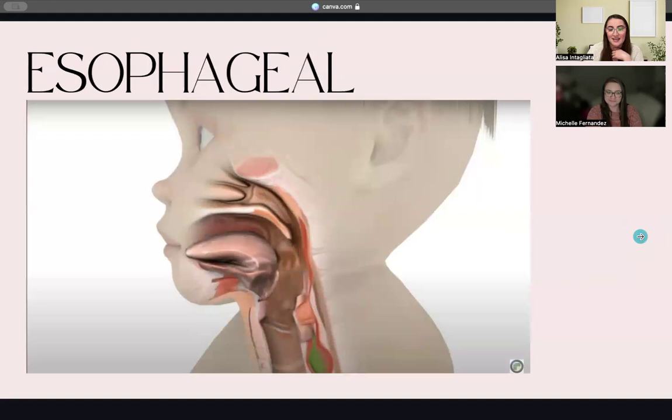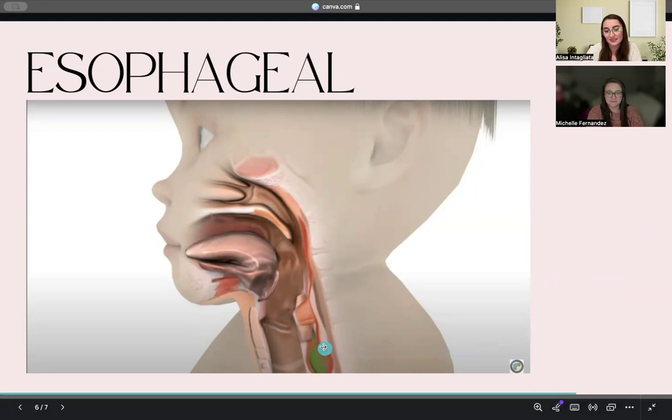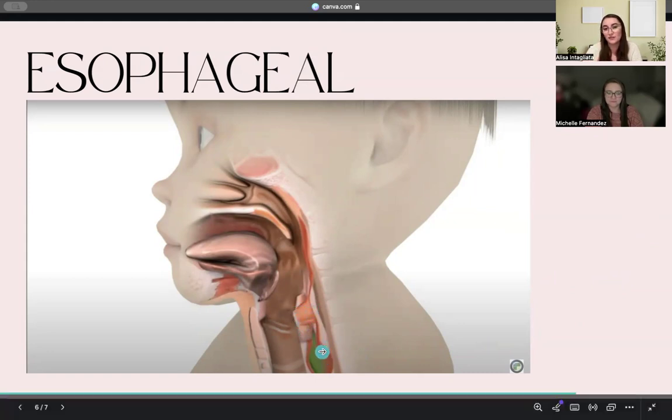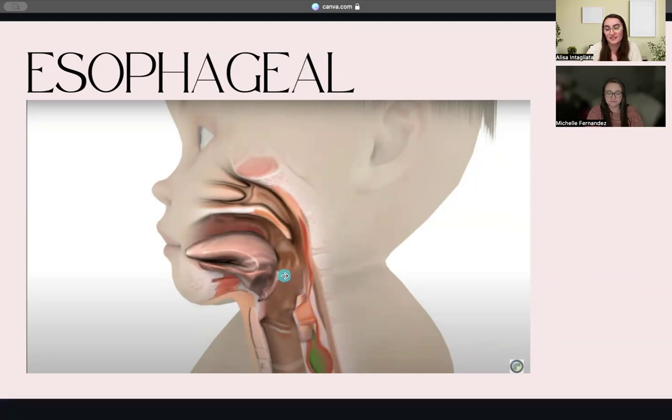All right. The last stage is the esophageal phase. This is when the bolus has now entered the esophagus right here. The sphincters have tightened so that the bolus, or the food, cannot re-enter the pharynx.